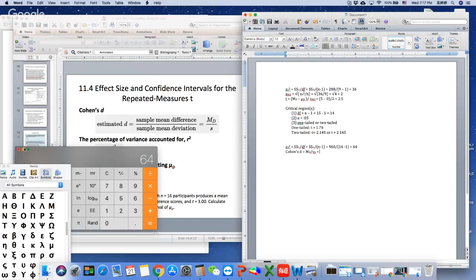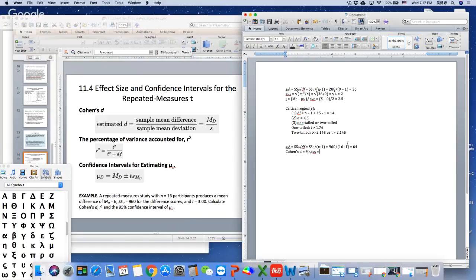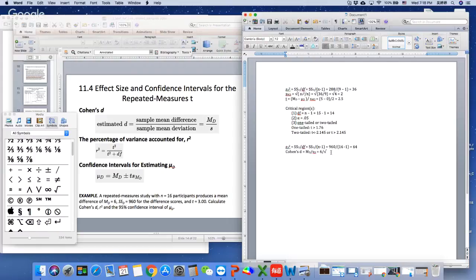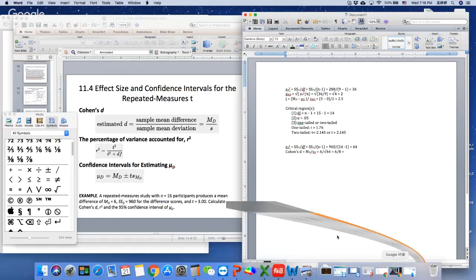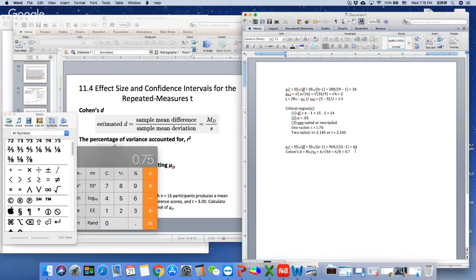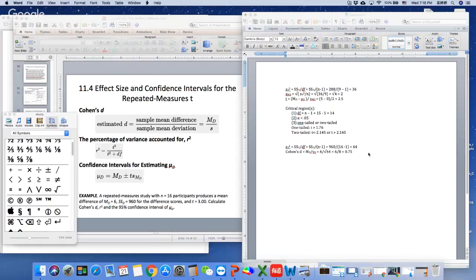MD here we know is 6, and SD is the square root of 64, which is 8. So Cohen's d is 0.75, which means it's a medium effect.